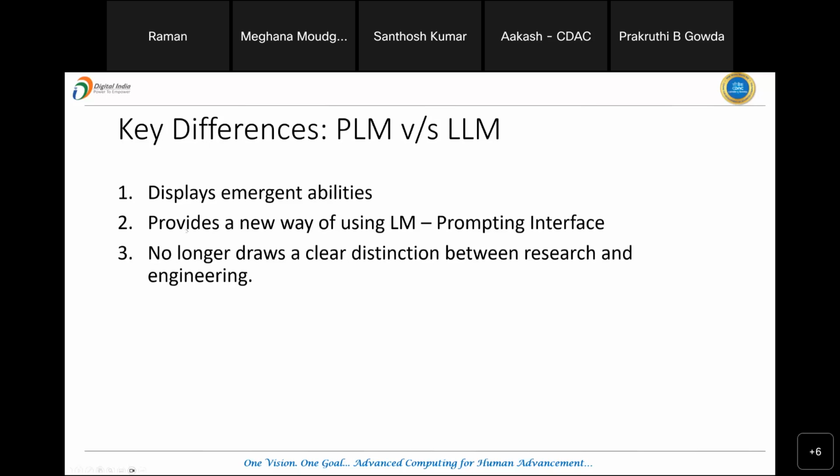Secondly, large language models provide a new way of using the language model. We no longer go with the previous paradigm of fine tuning. Rather, we use a prompting interface where we prompt the language model to complete a particular task.